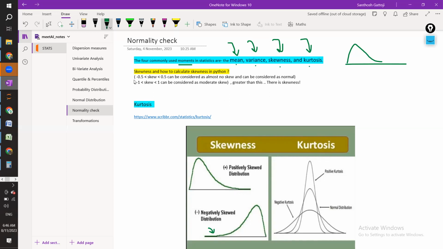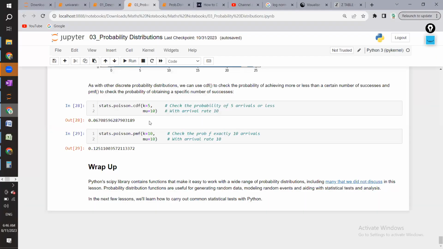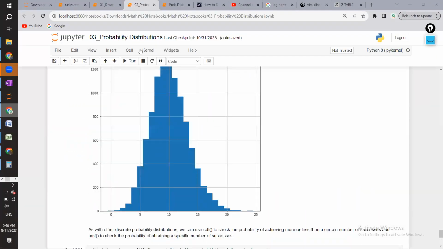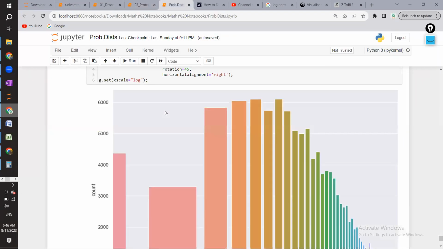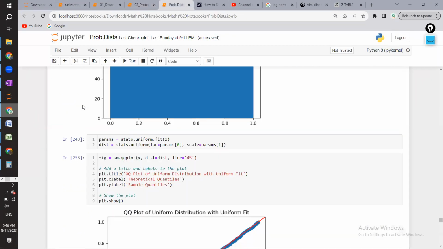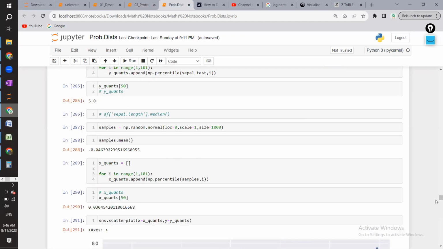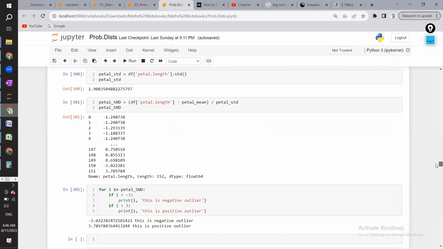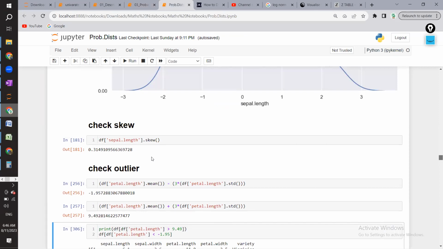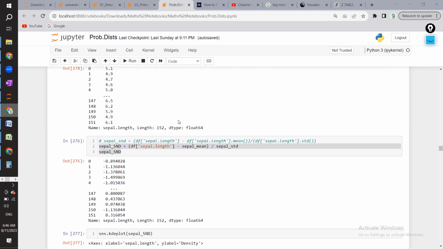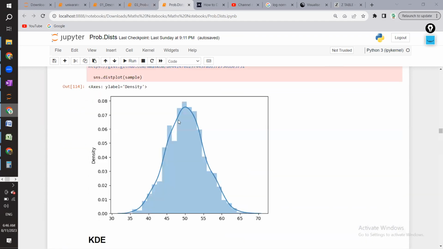But let's see how to calculate skewness and how much skewness is considered okay. Yesterday, in this example, or any other example, even this graph, you might have observed that all of these are not perfectly normal.